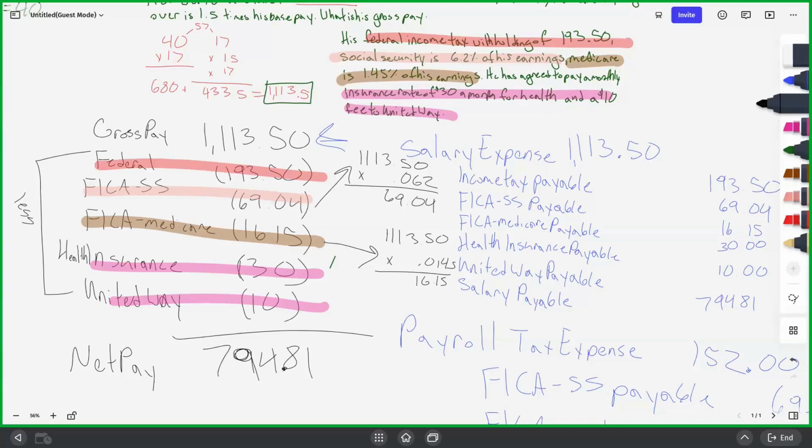Real quick, I'm gonna look back here because I know I have some terminology about employees that we skipped over just to go into the problem. So I'm gonna wrap up chapter 9 real quick. Employee payroll withholding deductions. The difference between gross and net pay is the amount of payroll withholding deductions.